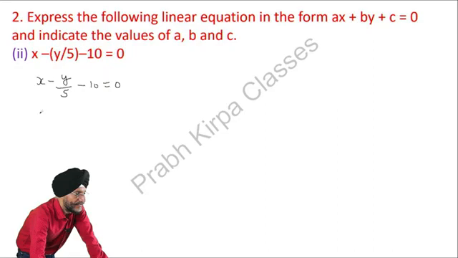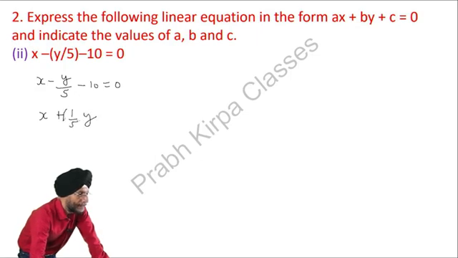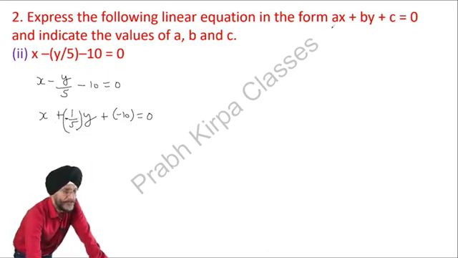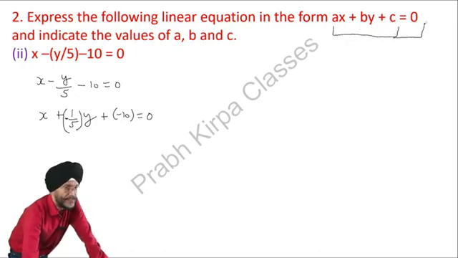We can also write this equation as x plus minus 1 over 5 y plus minus 10 is equal to 0. We have not changed anything. We are forming this equation in the form ax plus by plus c is equal to 0.